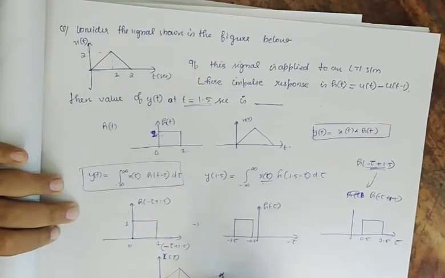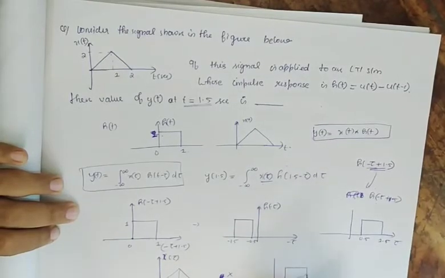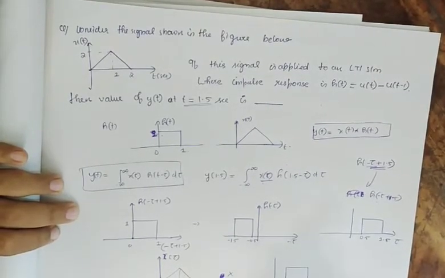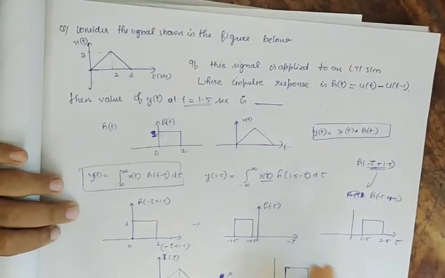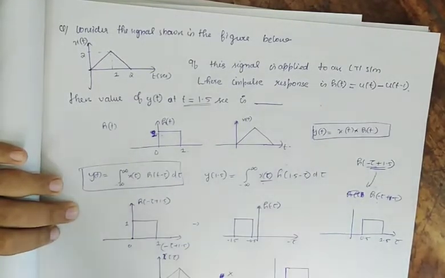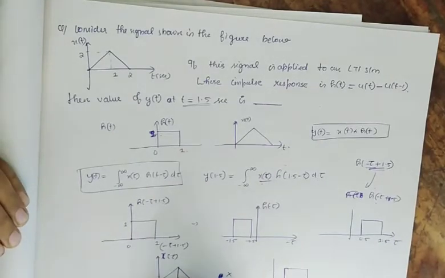This is multiplied with h from 0.5 to 1.5, right? Okay. Now we'll see before 0.5 this is 0 and after 1.5 also this is 0. So we can take the integral from, instead of minus infinity to infinity, from 0.5 to 1.5 and we will see how this is looking.